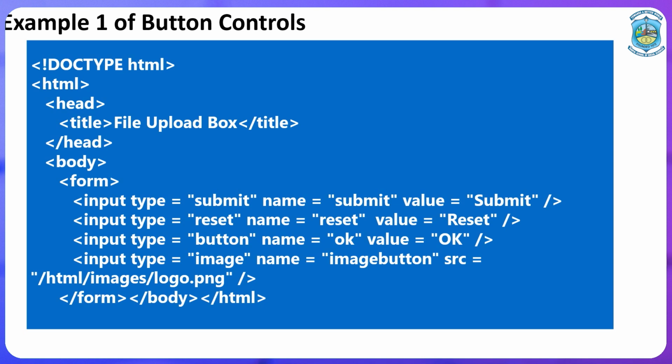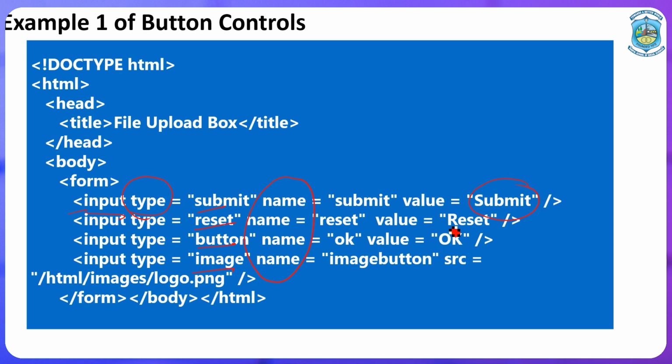And here is the example for all the button controls. As you can see here, input with the type attribute, you can give values like submit, reset, button or image. The name, as you know, we have to give to each and every element which is used with the input tag, and then you can give the value. Like with the submit button, if you want to give the label submit, you can give the value submit.